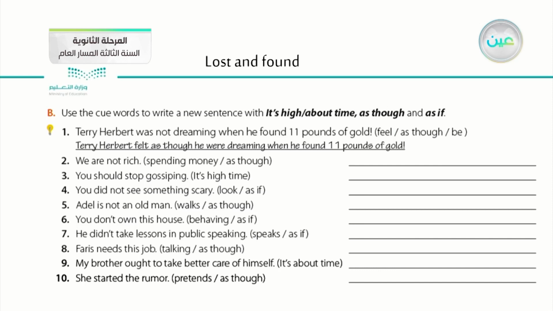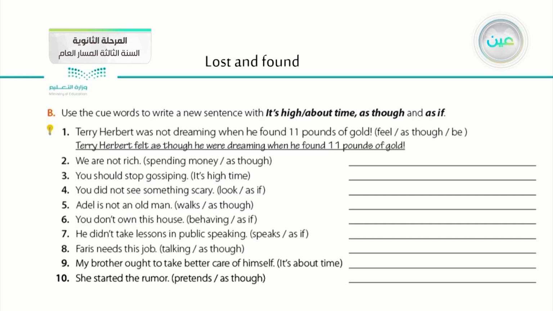Now we have an exercise regarding the last part. Use the cue words to write new sentences with it's high or about time, as though and as if. We have a list of sentences on the left side and we are asked to do something with the words between the brackets.